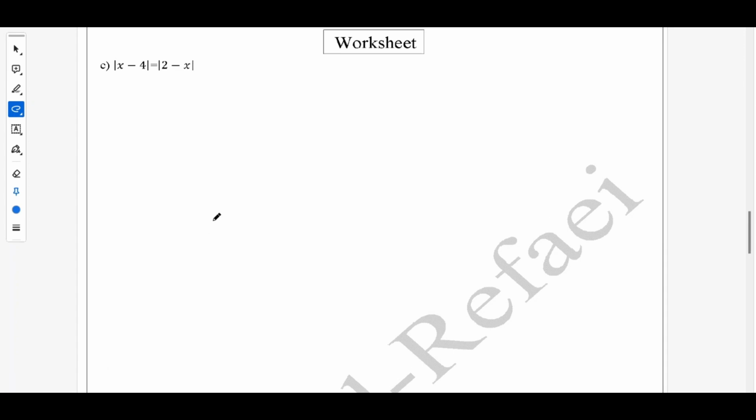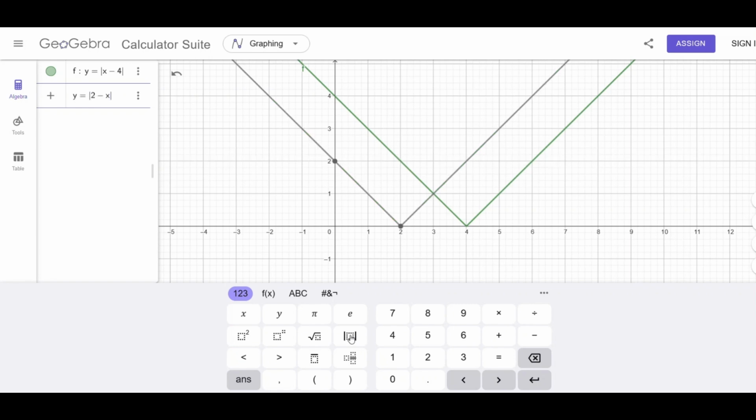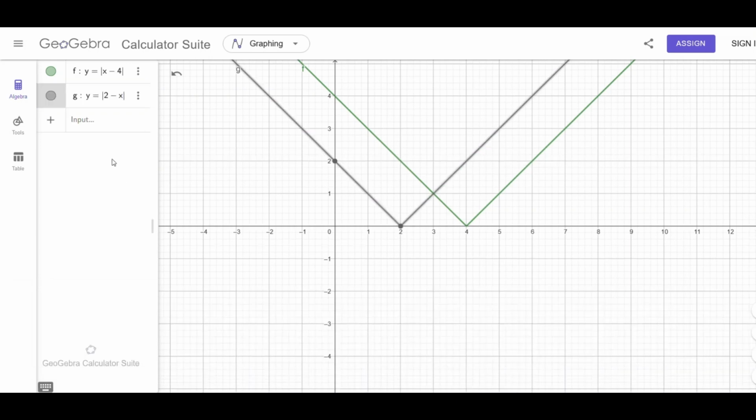Okay, some students try solving by sketching, and I'm going to use GeoGebra to show you the sketching. The first one, y equals modulus of x minus 4. The second one, y equals modulus of 2 minus x. How many solutions do I have?